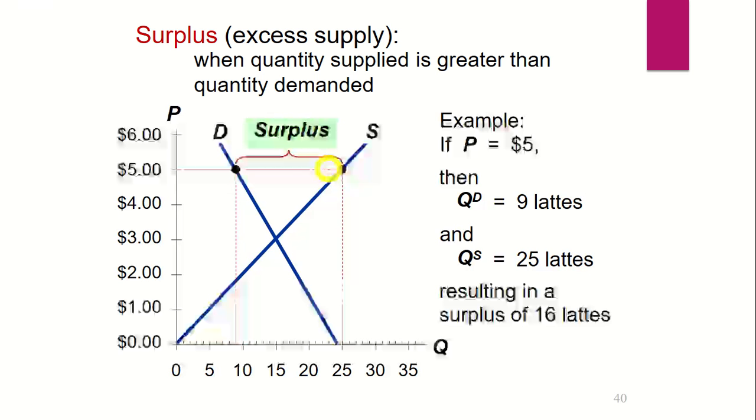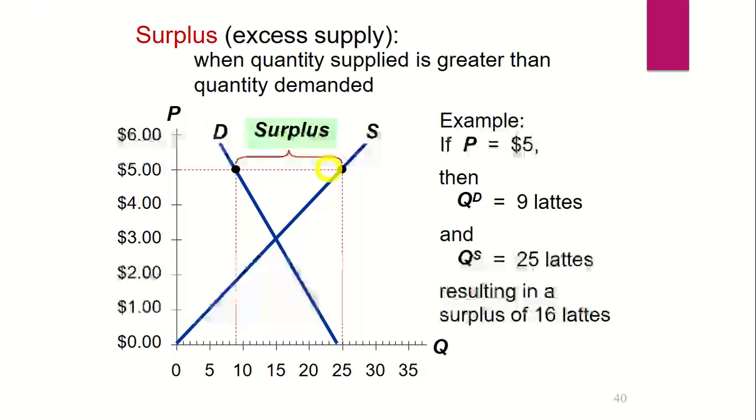When the demand is less than the supply, then this is known as surplus. You are demanding a smaller amount of lattes, but there is a larger supply of lattes in the market, so here is a factor that is known as surplus.